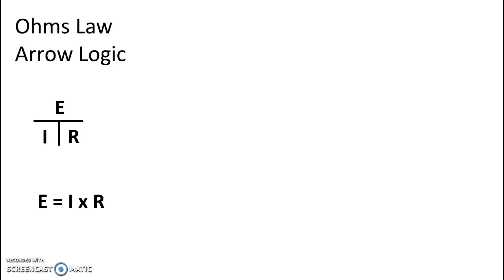Sometimes when figuring arrow logic, that is the easiest way to look at the formula, and I'm going to show you why. So there it is again, E equals I times R. When I am trying to teach this to new students, or sometimes even trying to reason it out on my own, I will use this particular technique.